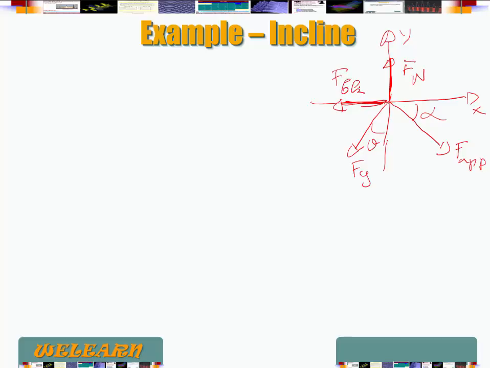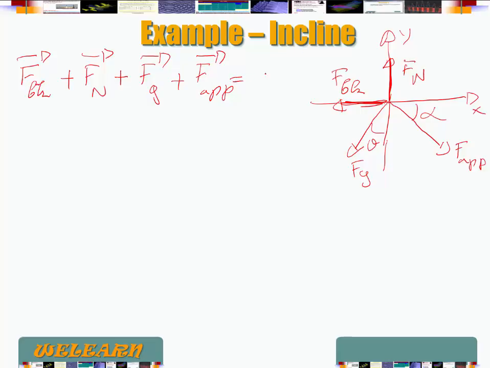The sum of all these four forces is equal to ma. So F friction plus Fn plus Fg plus F applied is equal to ma. That's the way I'm going to find my a.